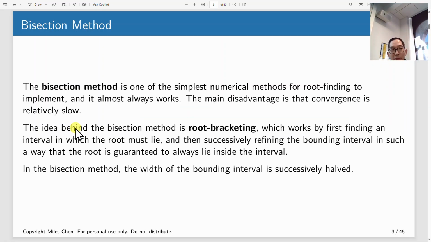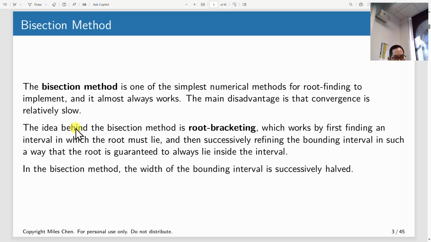So bisection method is one of the few root finding methods that is guaranteed to find a root. As long as you have a continuous function, and it's negative on one side and positive on the other side of an interval, we can guarantee that we can find a root within that interval.